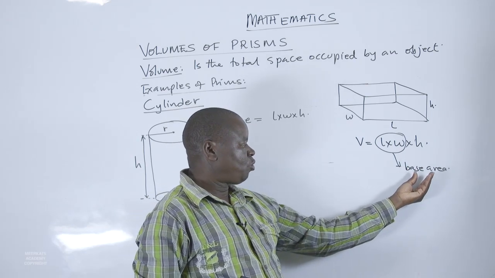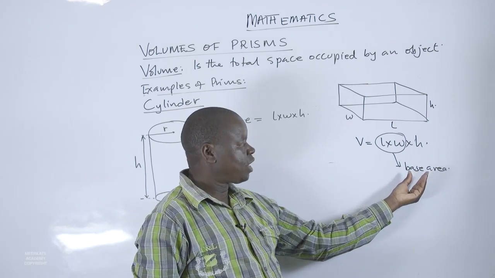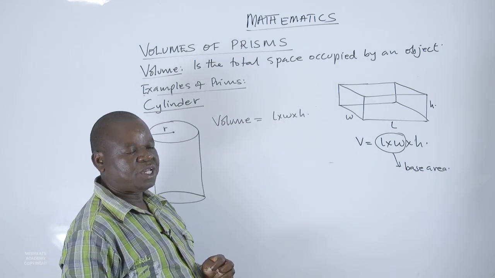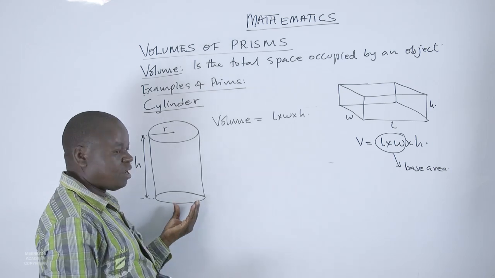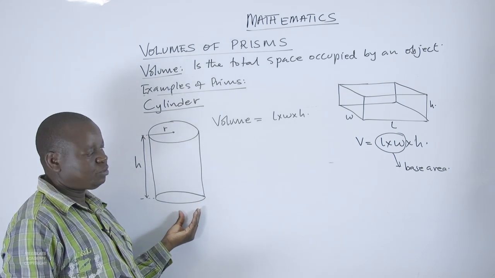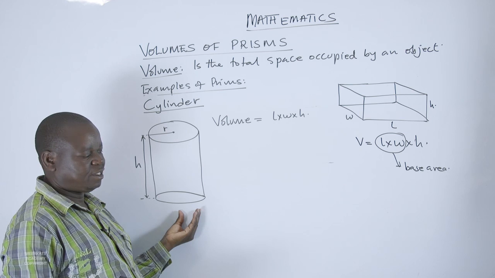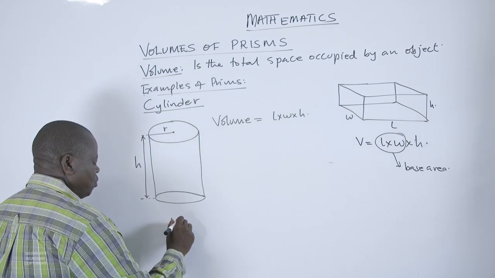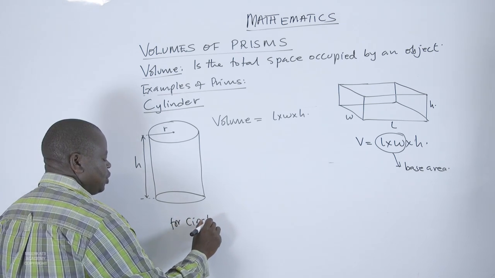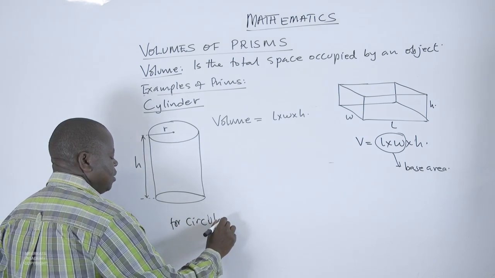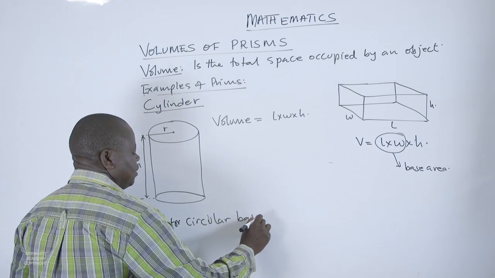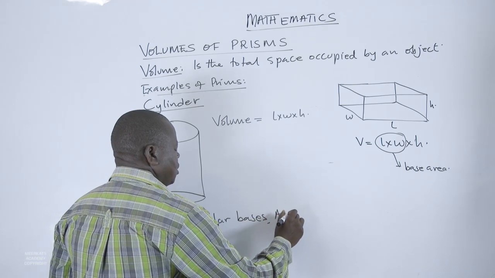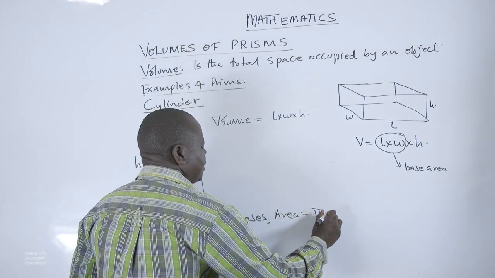So in the same notation, we can now see that if length times width is base area, and the base area of a cylinder is circular, it therefore implies that for circular bases, area is equal to pi r squared.